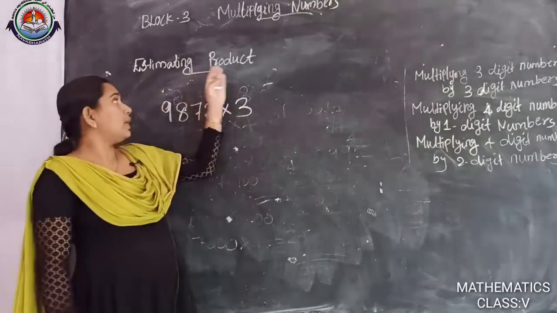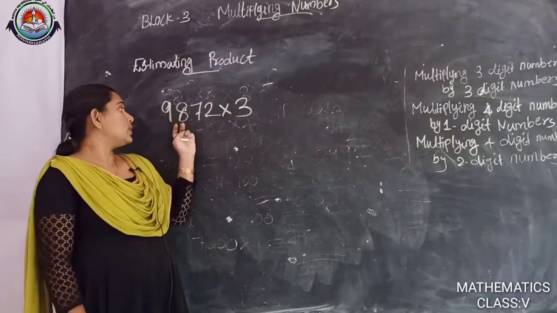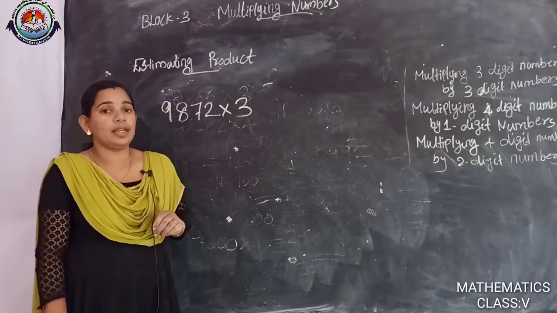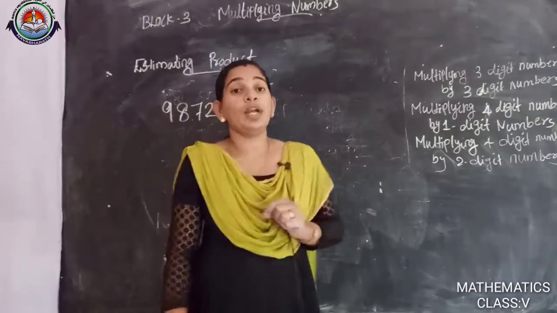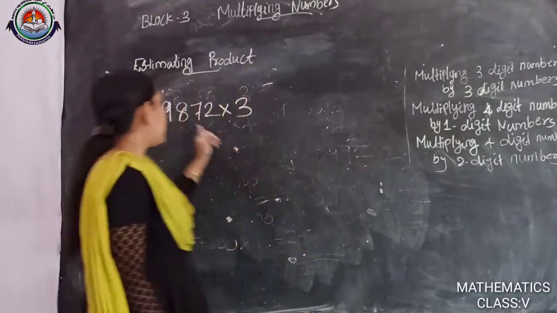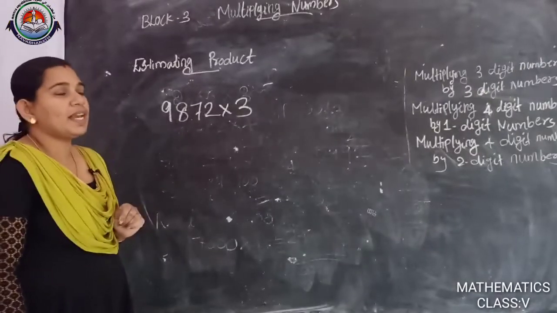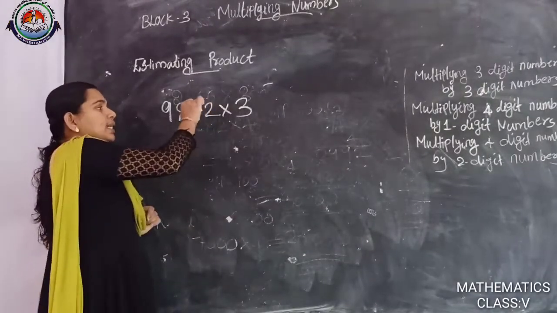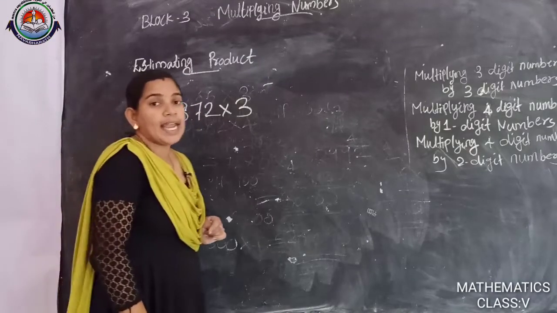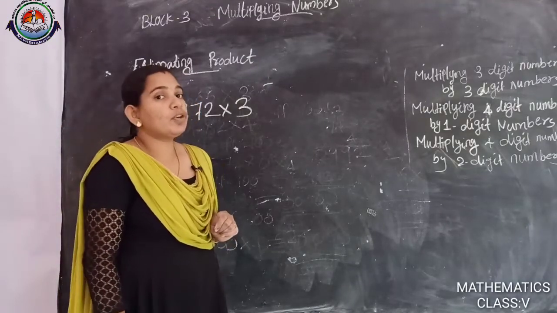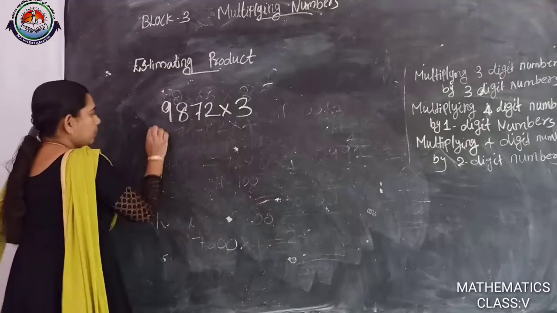Find the estimated product of 9,872 into 3. First, we want to round off to the highest place. Here, which is the highest place? Ones, tens, 100, 1,000. So which is the highest place? 1,000. So we want to round off to 1,000.